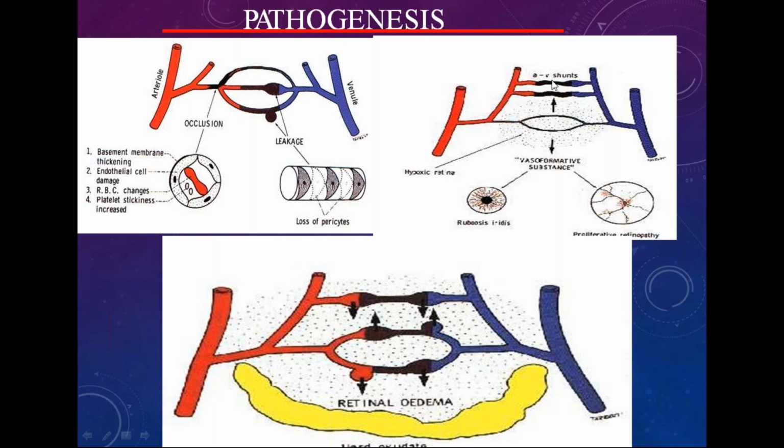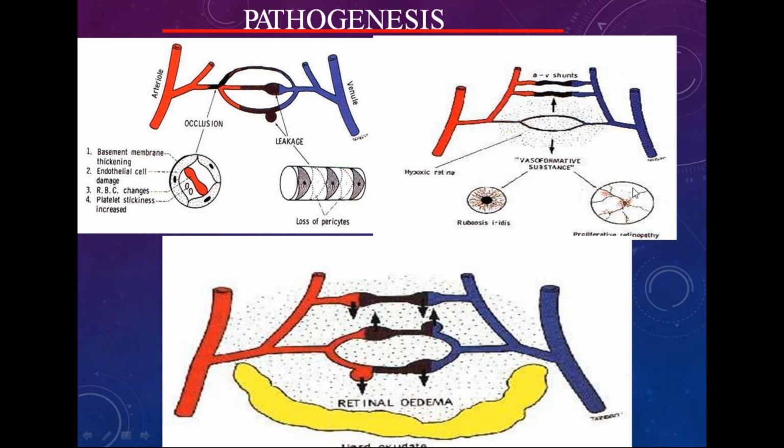Whenever there is occlusion, there will be formation of arteriovenous shunts, which leads to production of vascular endothelial growth factors. These lead to proliferation of abnormal blood vessels on the surface of the iris, retina, and disc. There is proliferative diabetic retinopathy: neovascularization of the disc and neovascularization elsewhere, NVD and NVE, you know that.